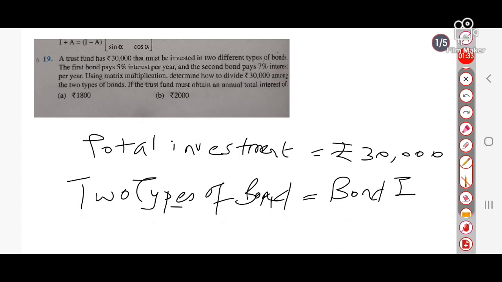Bond 1 and bond 2. So these are the steps in which you need to solve the sum, so just note it down as I write. And the next what is given, we will turn to the next page.